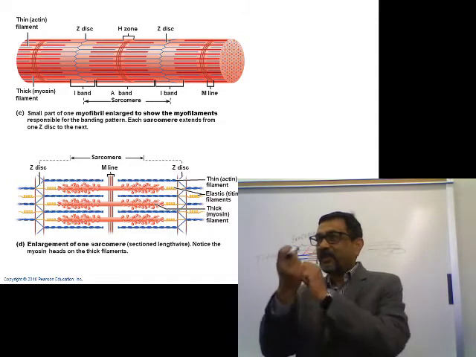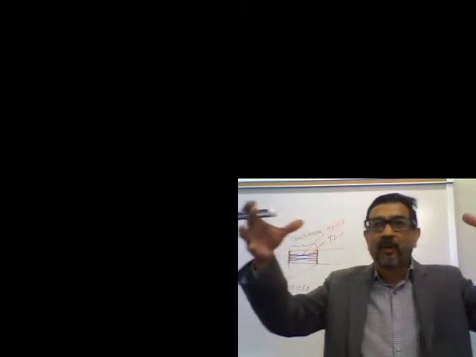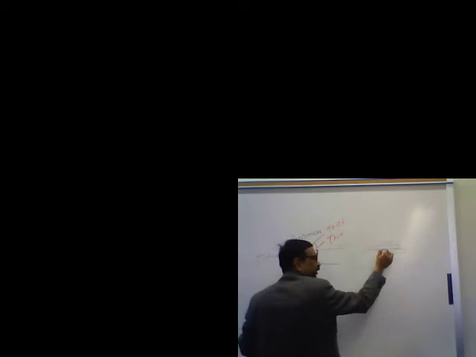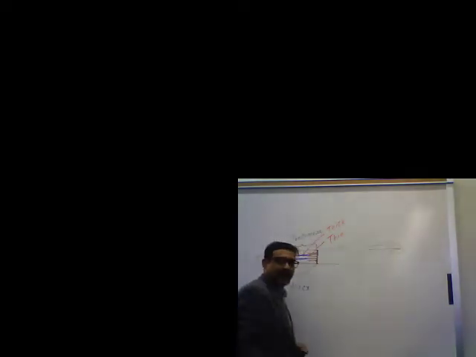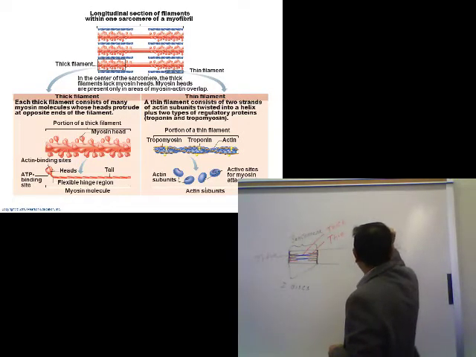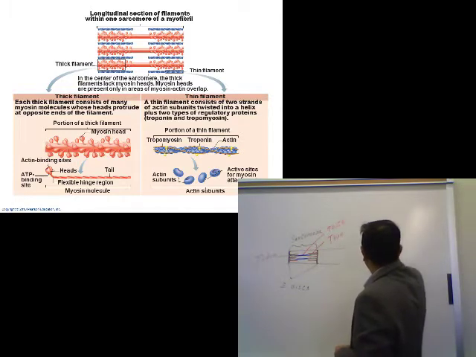If you bundle many golf clubs together, that looks like the thick filament. Each golf club structure is called a myosin. So many myosin bundled together form the thick filament.